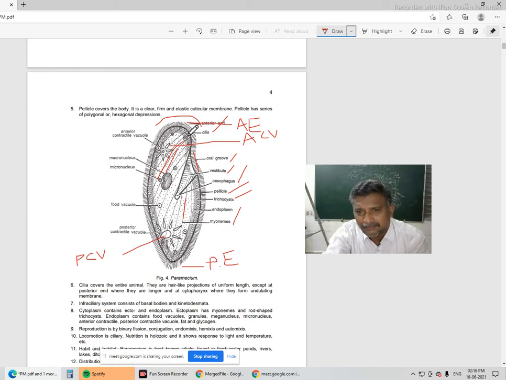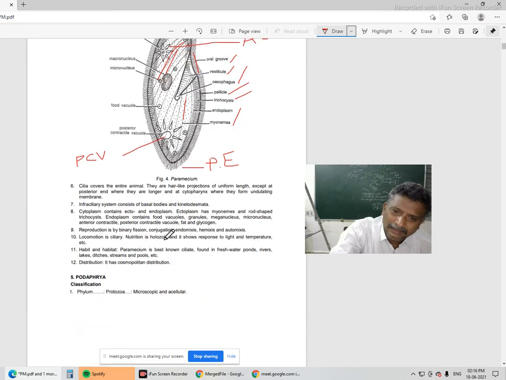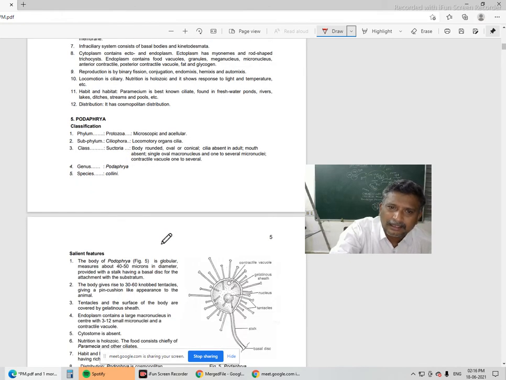Anterior end is somewhat broad, posterior end is somewhat narrow or pointed. All around the body there are numerous cilia of equal length. So observing all these characters, the given slide may belong to Paramecium.